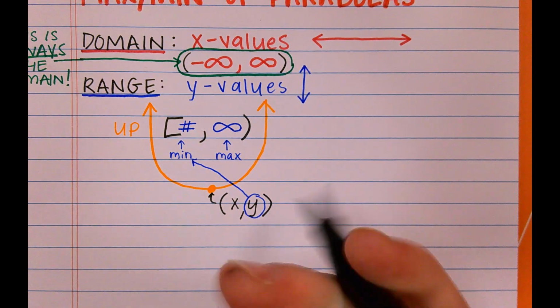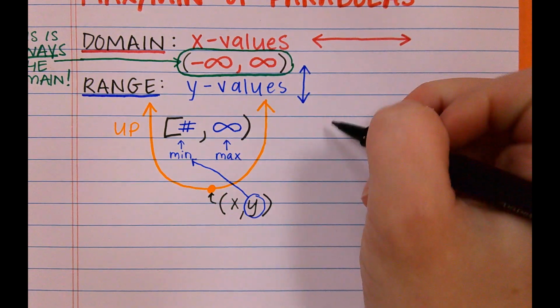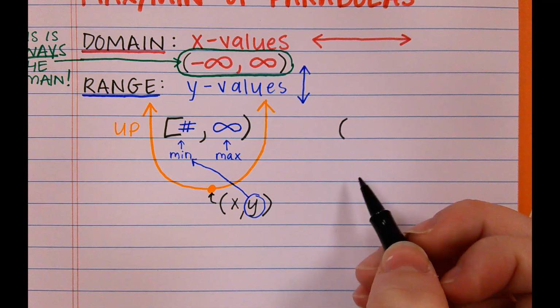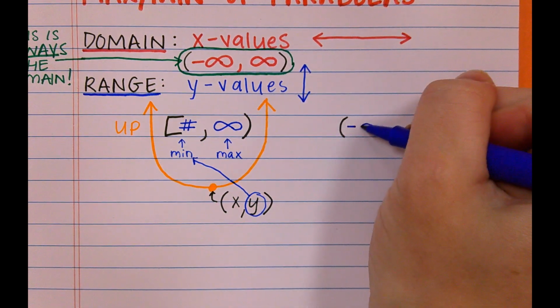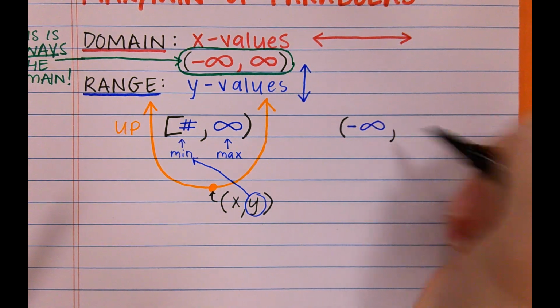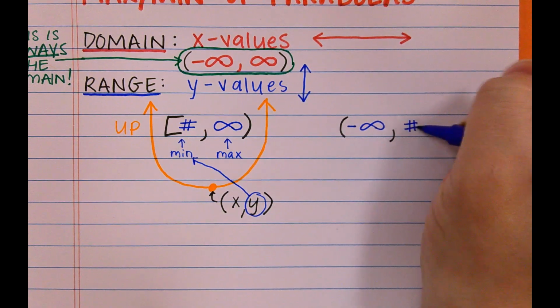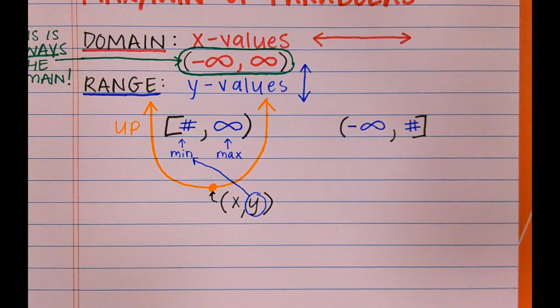Now, if the parabola faces down, then our lowest value, our minimum value, is negative infinity. Our highest value will be a number with a bracket. The number gets the bracket.